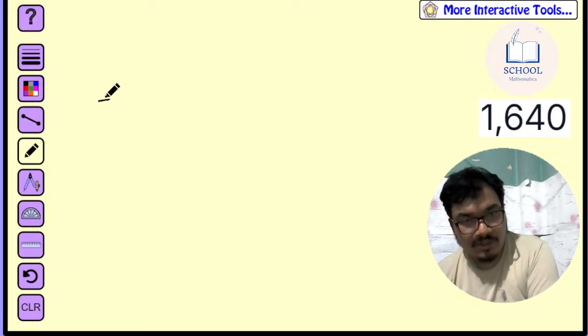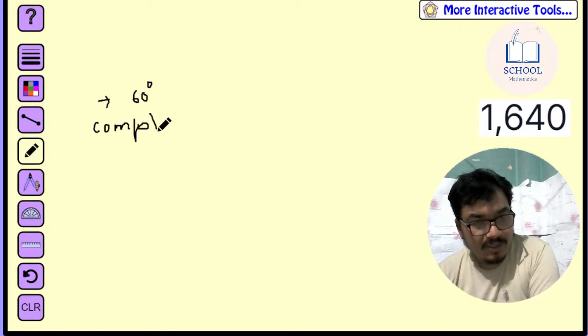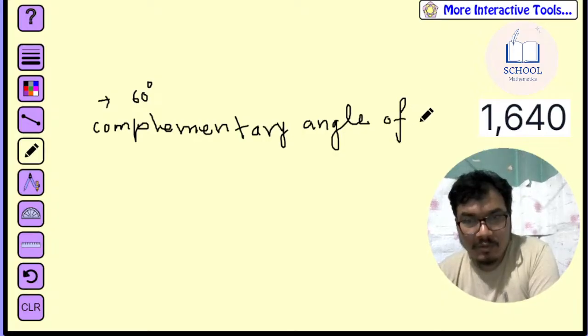And from this, what do you have to do? Sometimes it is asked to find the complement of 60 degrees. If it is asked to find the complement of 60 degrees, then we have to write: complementary angle of 60 degrees.